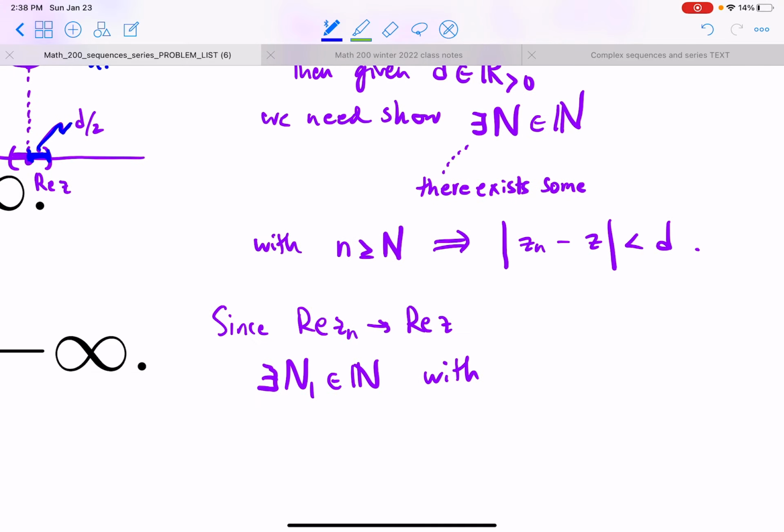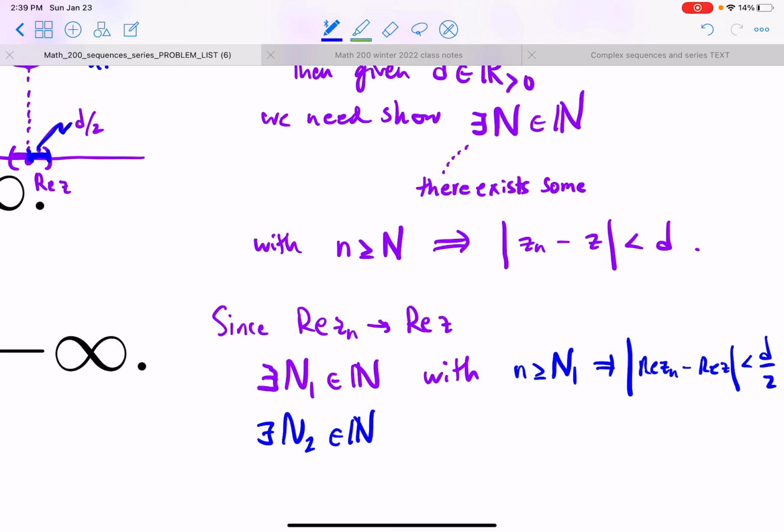So there exists n1 such that if you go past n1, then the real part of Zn and the real part of Z are really close to each other, say less than d over 2. And there exists an n2 such that going past n2 implies that the imaginary parts of the Zn and the imaginary part of Z are less than d over 2.